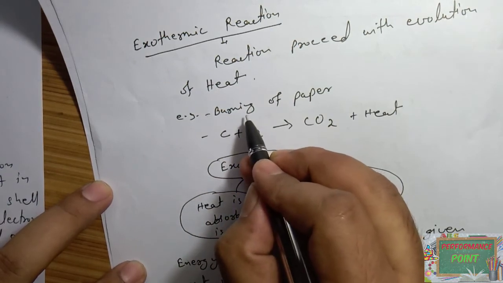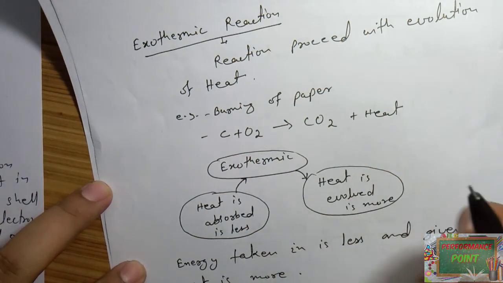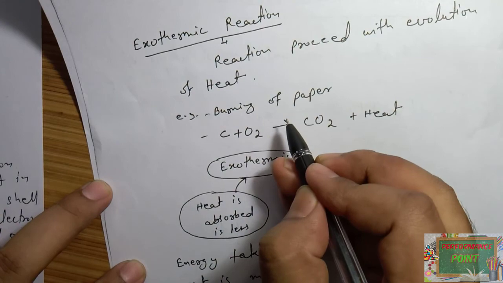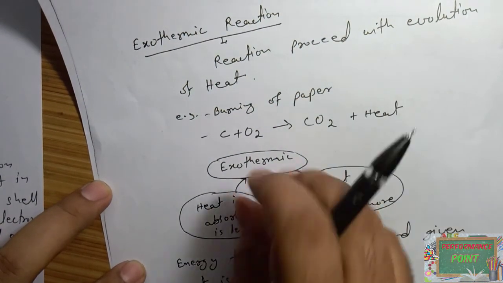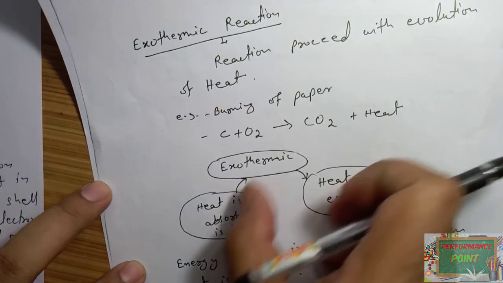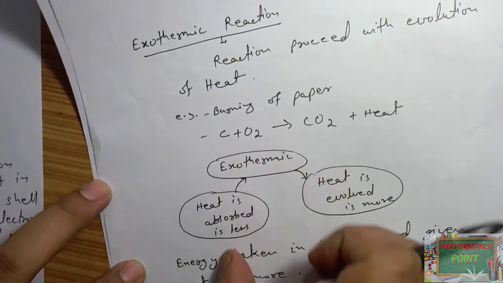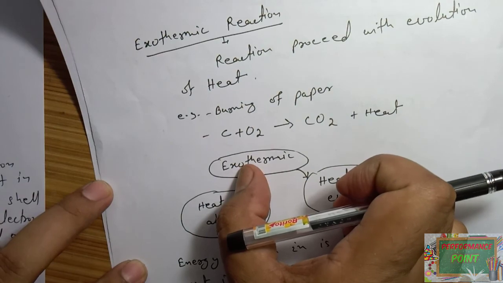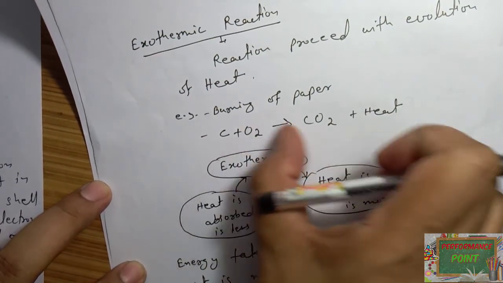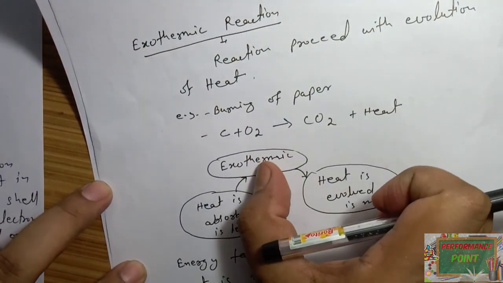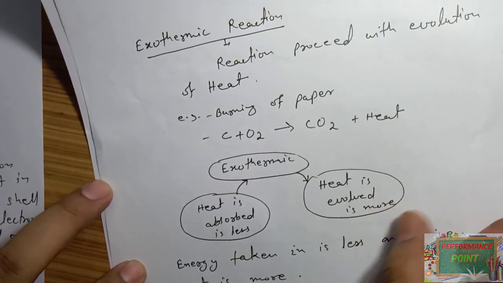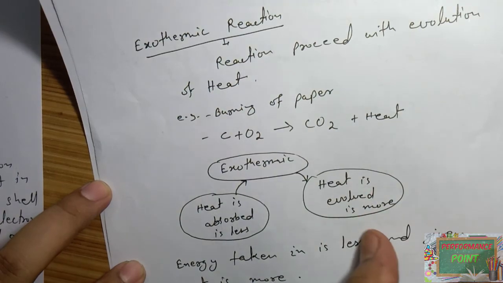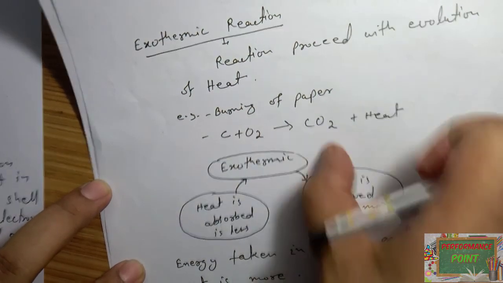Once we supply that, we reach the ignition temperature, the temperature at which the reaction starts. Once we supply that particular amount of energy, the reaction starts and then gives out a lot of energy. The energy given out is more. That's why we say exothermic.